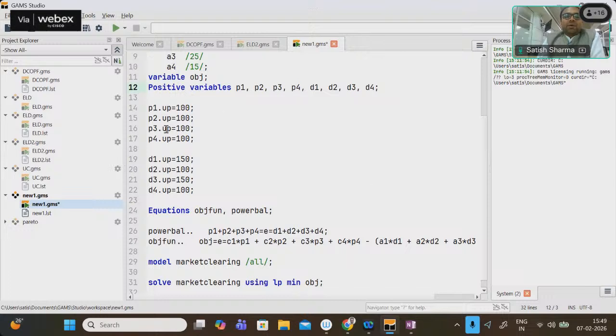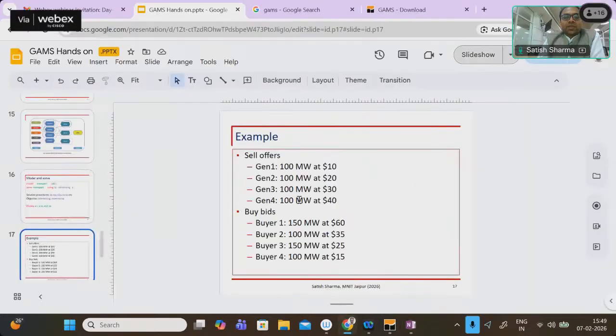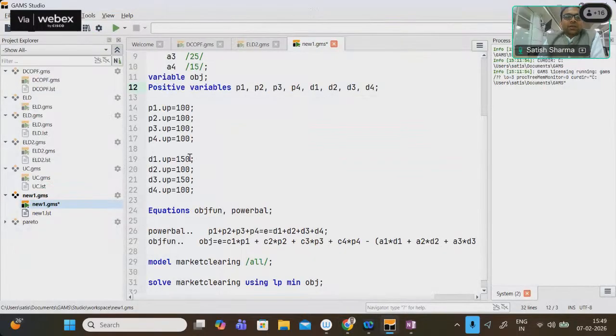Then certain upper bounds have been defined: P1, P2, P3 can provide 100, another is 150 and 100. You can see that D1 up is 150, D2 up is 100, D3 up is 150, and D4 up is 100.